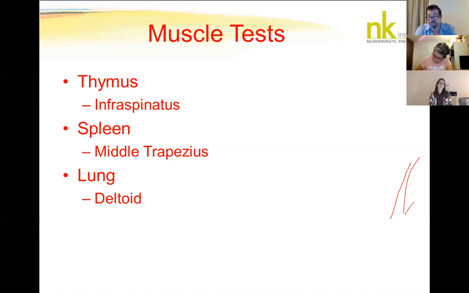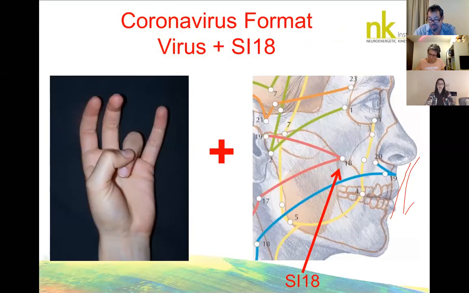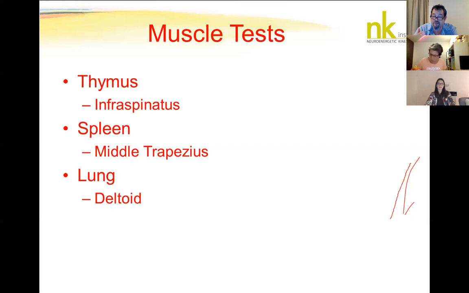For instance, you could test the middle trapezius, correct it by stating the format, and then retest the muscle.